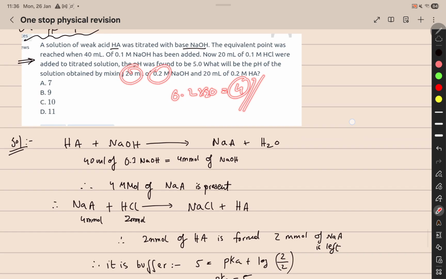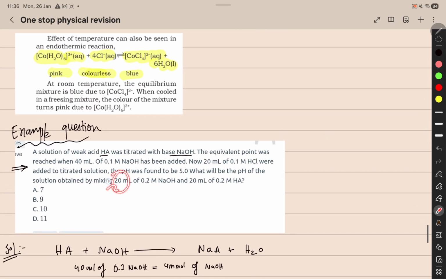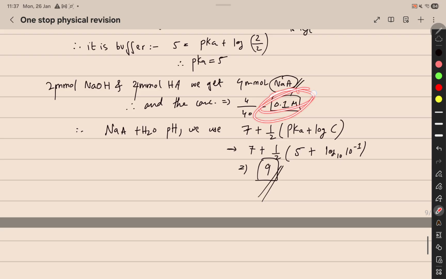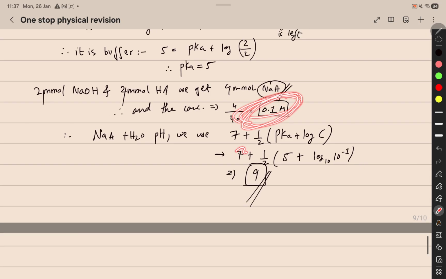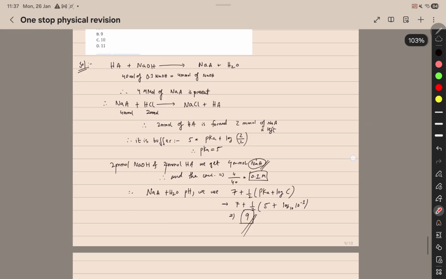So 4 millimoles of each will be added, and then you will get 4 millimoles of NaA. The concentration you can find out because the total volume is 40 ml, so the concentration will be equal to 0.1. Then you can put in your hydrolysis formula, because NaA plus H2O is formed, and get the answer as 9. That's how you do this question.